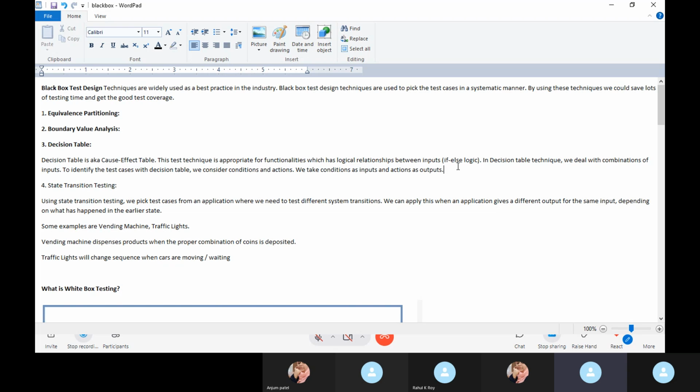And the effect: when you enter correct username and password, then what will happen? That is your output. You will be able to log into the application. If you enter incorrect username and correct password, what will be the output? The application will display a message: username is incorrect. This is the output.